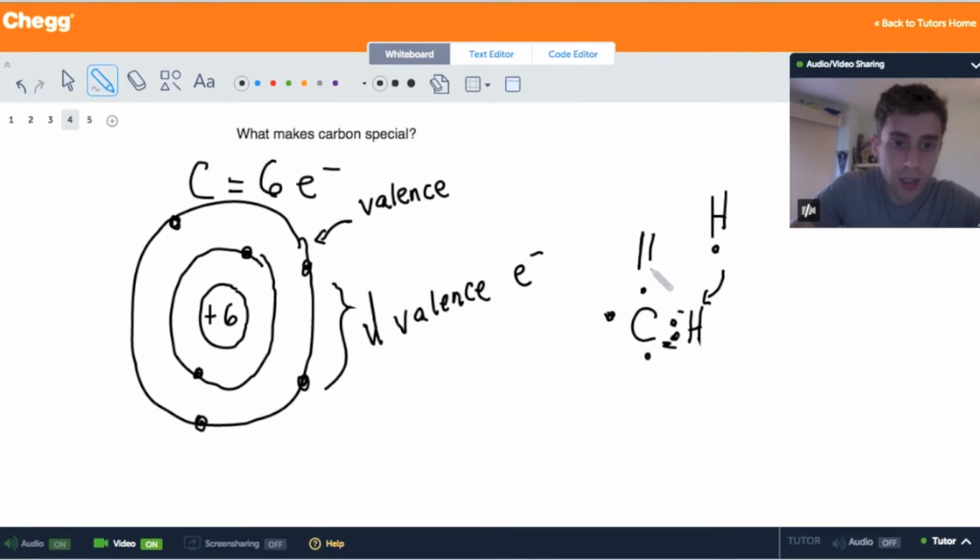Another hydrogen comes in, forms another bond, another hydrogen comes in, forms another bond, and another bond. Now this is just CH4, so this is a little bit limited, but it goes to show you that carbon has the potential to be the perfect atom in these huge complex molecules because it can form 4 bonds.